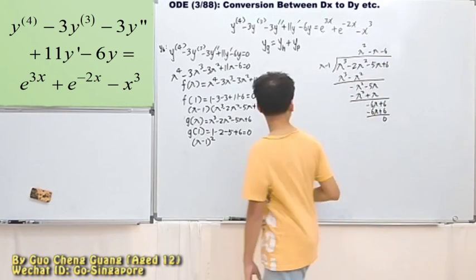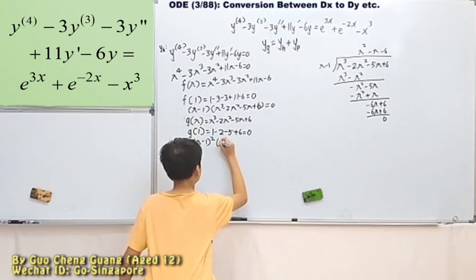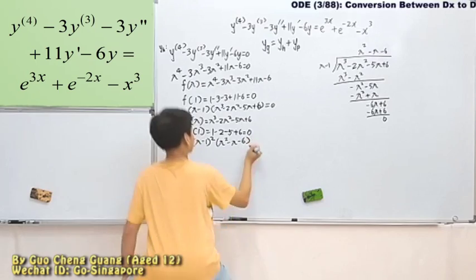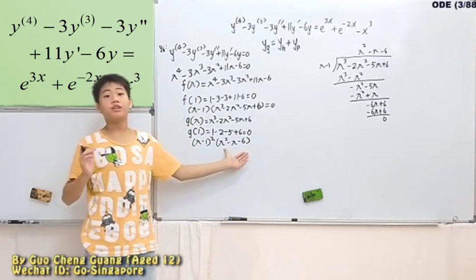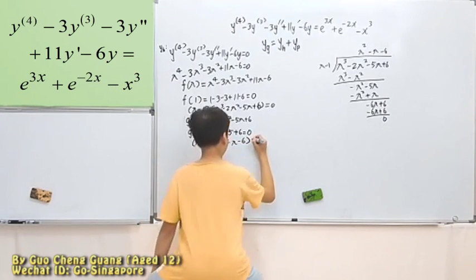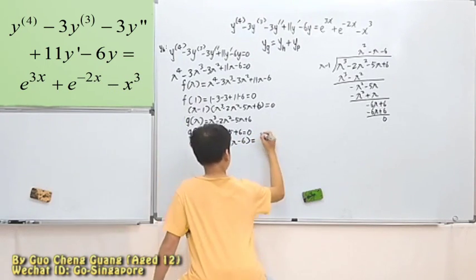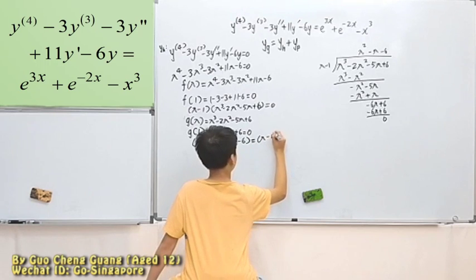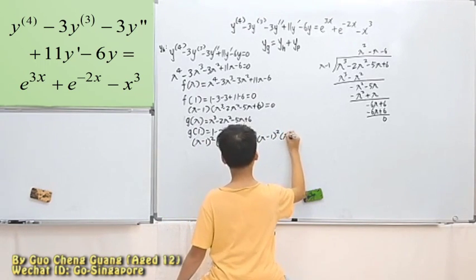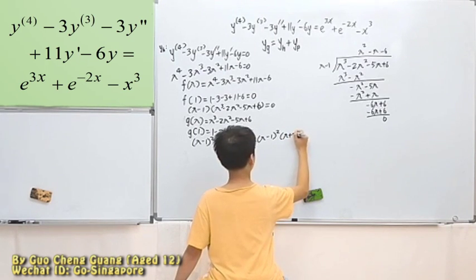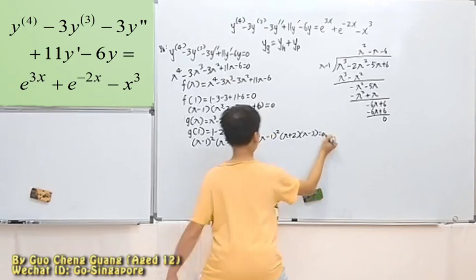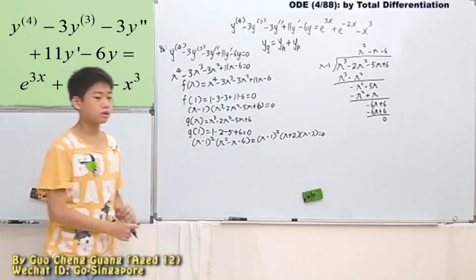Next you get this part, and for this part you can just use cross multiplication to find the factors.